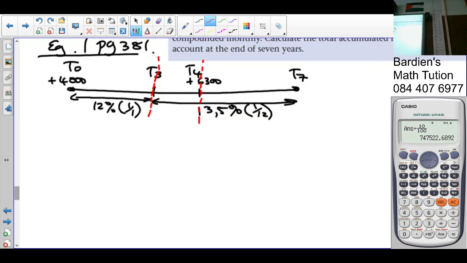We're going to start off with the long method. So you start at A1 equals P into 1 plus i to the exponent. You're taking 4,000 Rand for 1 year. Do that quickly.